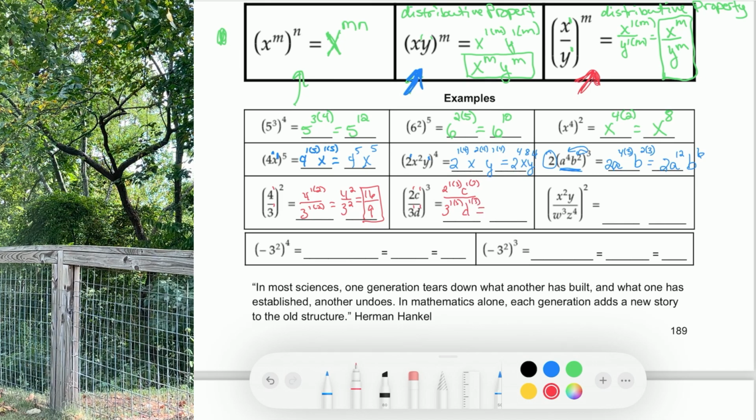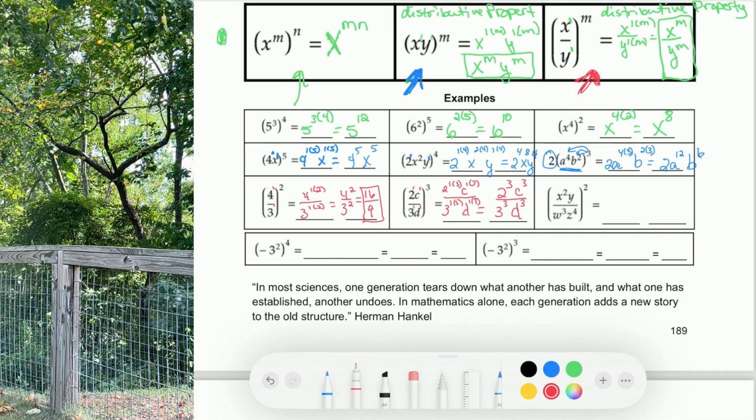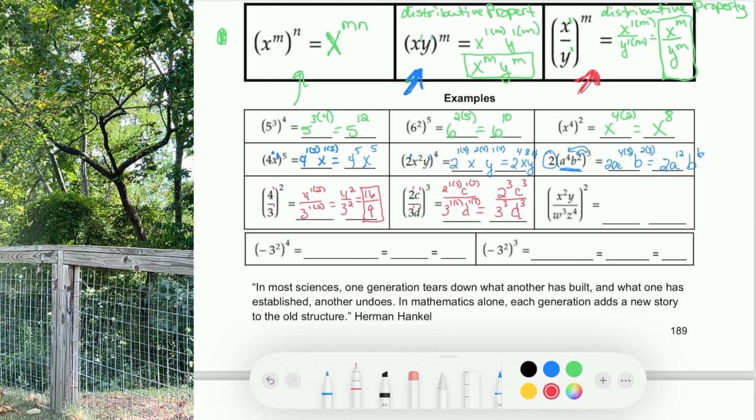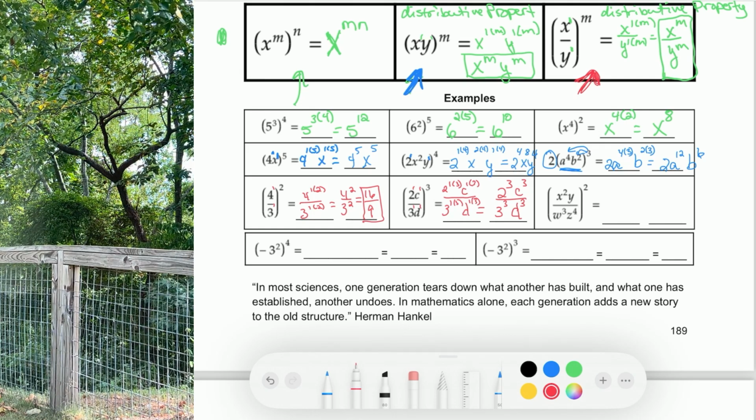And that becomes 2 to the power of 3, c to the power of 3, over 3 to the power of 3, d to the power of 3. Now, some of your problems will want you to go ahead and finish out your numerals, like that 2 to the power of 3 and the 3 to the power of 3. And if it wants you to do that, go ahead and do that. We don't have room here, so I'm just basically wanting to focus on the rule.